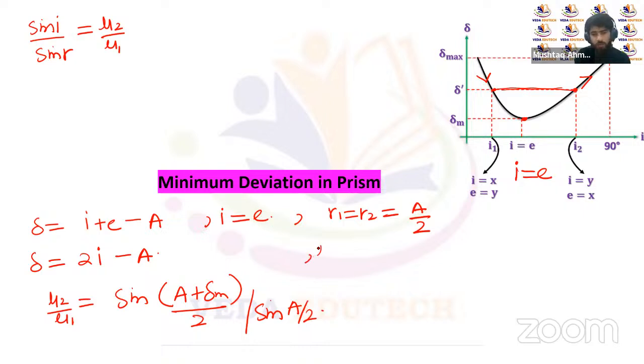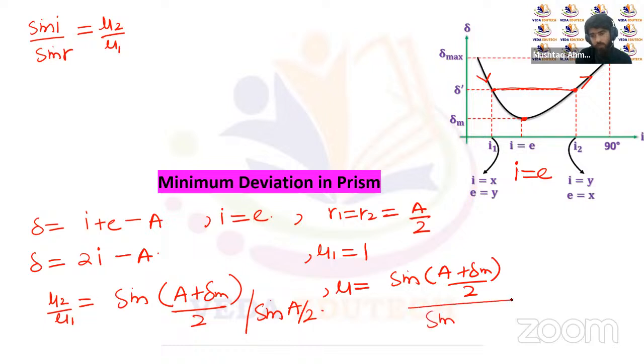If mu 1 is equal to 1, then the refractive index of this prism will be sine of (A plus delta M) upon 2 divided by sine of A by 2. This is how we can calculate the refractive index of a prism using the condition of minimum deviation.